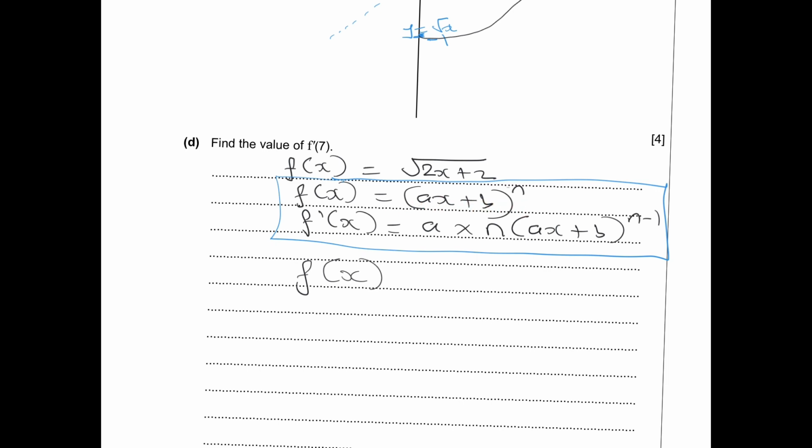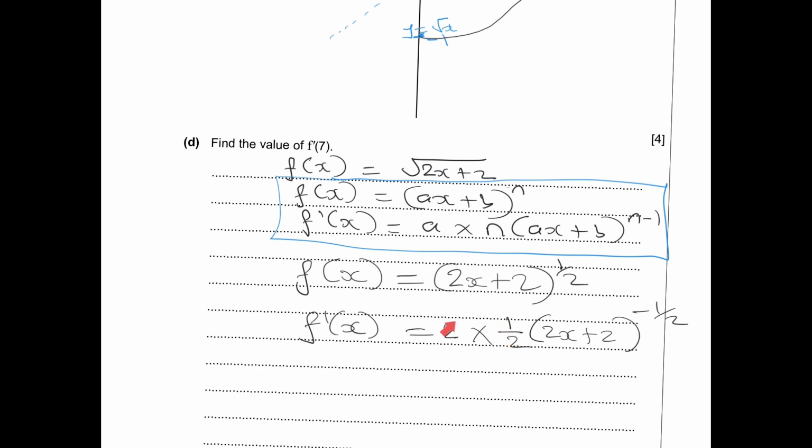So we are going to have f of x is equal to 2x plus 2 to the power of half. Then we differentiate using that notation. Our inner function is 2x plus 2, so if we differentiate that, we get 2, multiplied by the outer derivative, where we are differentiating the whole bracket. We're going to have half, in brackets 2x plus 2 to the power of negative half.